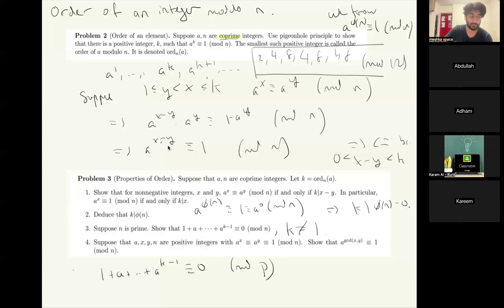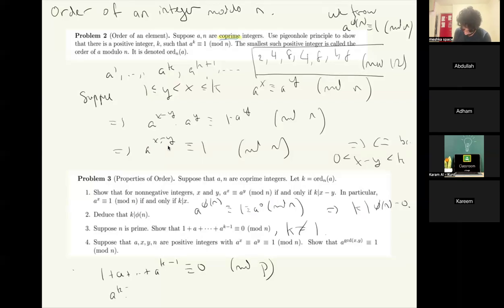Since we have a to the K is 1 mod n, and so a to the K minus 1 is congruent to 0 mod n. Okay, great. So you're saying I should use this identity, right?